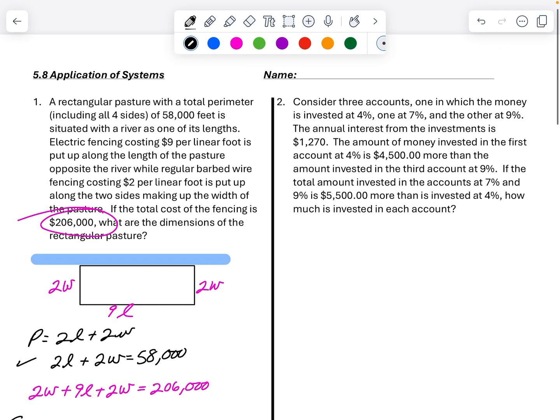Okay, this question says that there are 3 accounts.